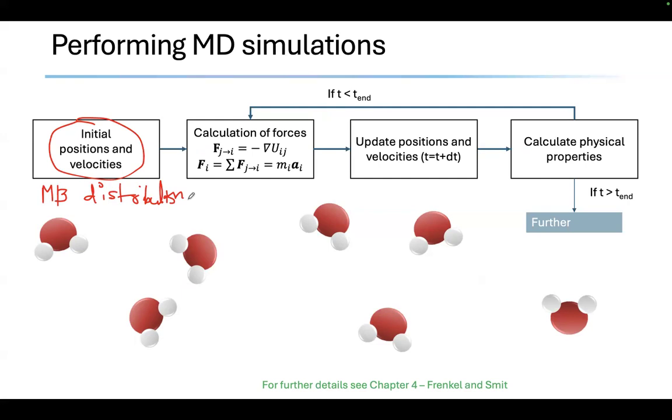But I will visit this in more detail when we get into the script, when we discuss how to run the example to determine the densities, because there I will be able to point out several nuances that come along with initialization of MD simulations.